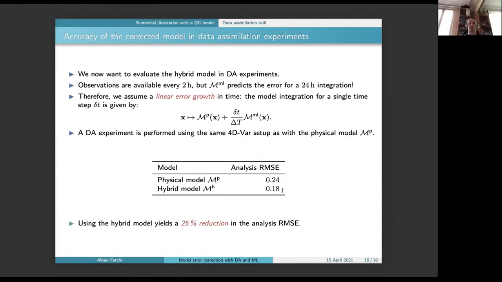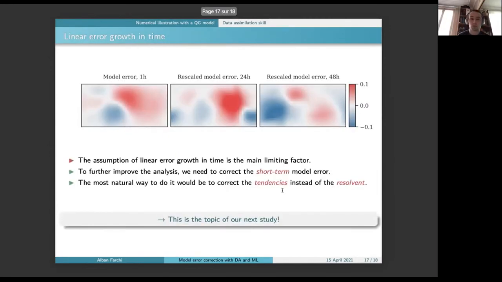So we have experimented a bit, and what we found out is that the main limiting factor is not the accuracy of the model error prediction, but it is the assumption of linear error growth this time. You have here an illustration of the model error starting from the same initial condition, but for increasing lead time.